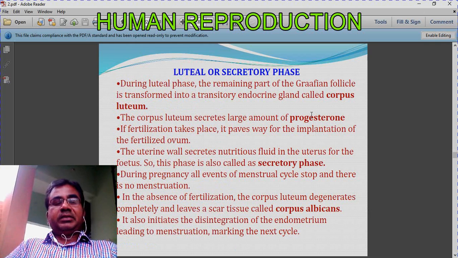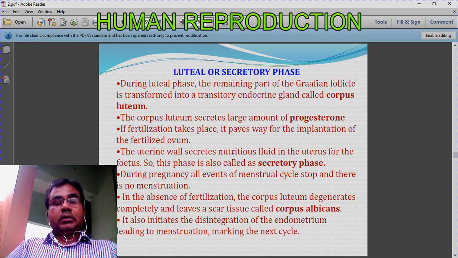Once fertilization takes place, the fertilized egg must be implanted in the uterus. For the implantation of the ovum in the uterus, progesterone hormone is vital. Okay, now why is this called the secretory phase? The luteal phase is otherwise called the secretory phase.